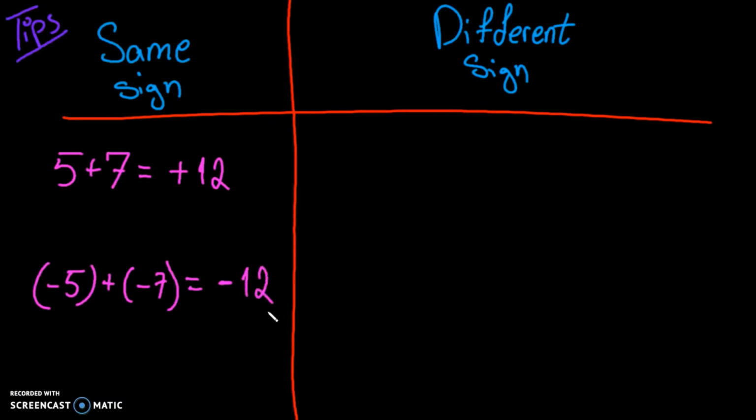So negative 12. Different signs. So we have plus, minus. We take the bigger number, 7, and we subtract the smaller number. 7 minus 5 is 2. We look at the sign of the bigger number. It has a minus, so it's minus.